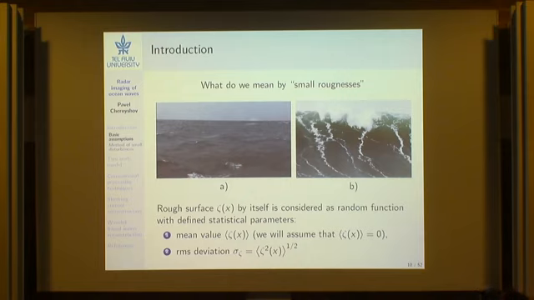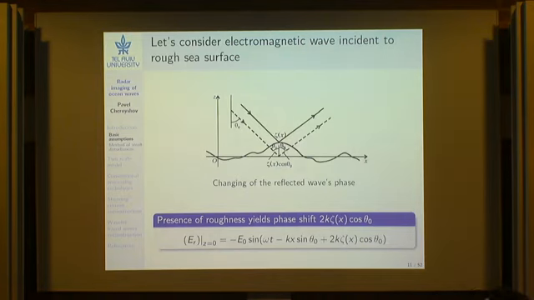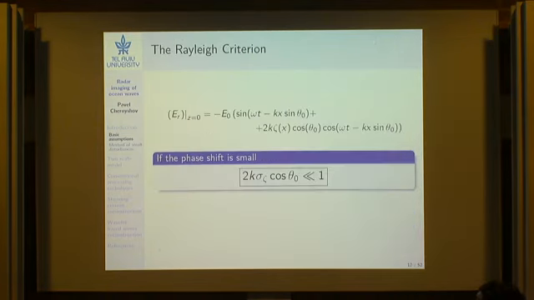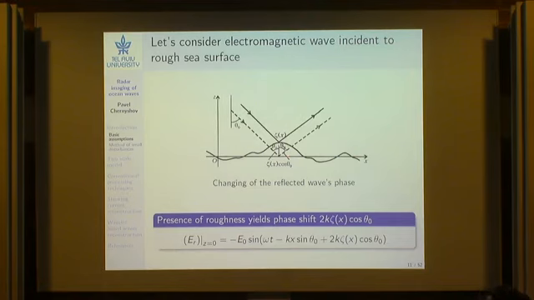Now we need to understand, because we want to use perturbation theory, what small roughnesses mean. Let's see. If we have a steady function, not moving, maybe still random, then due to the presence of roughnesses the incident wave needs to take a shorter distance.